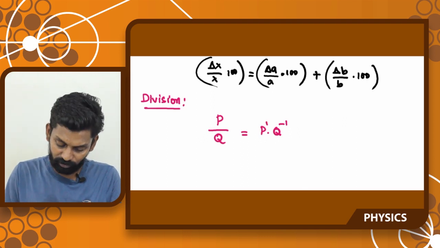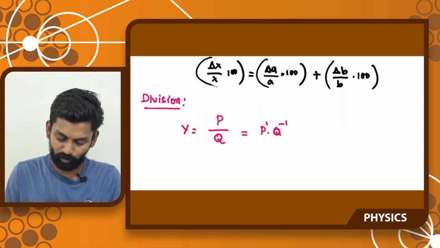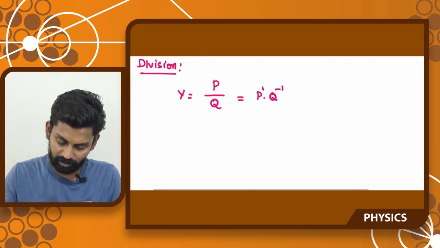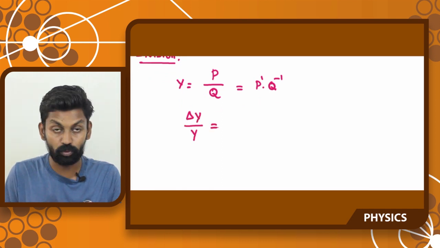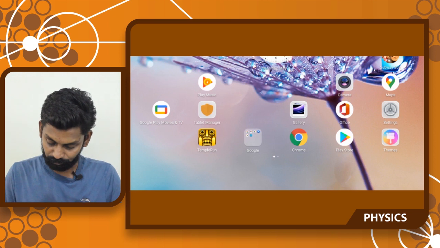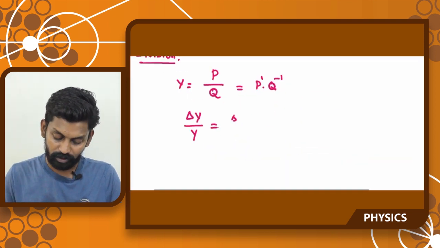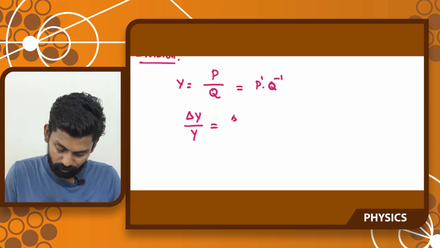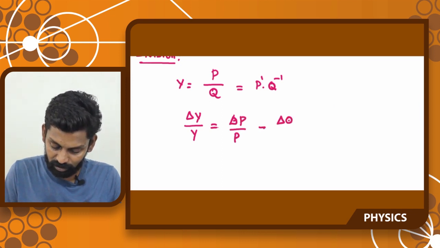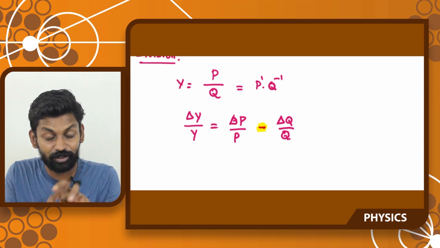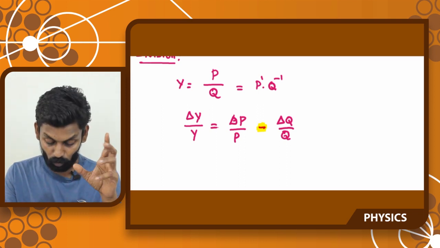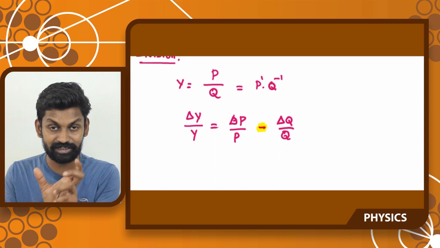Generally, suppose Y is equal to P by Q. When we are writing, we will write delta Y by Y is equal to delta P by P, and we tend to write it as minus of delta Q by Q. When you use this negative symbol here, you are saying the relative error in Q is actually reducing the error in the overall value of Y, because it is getting subtracted.